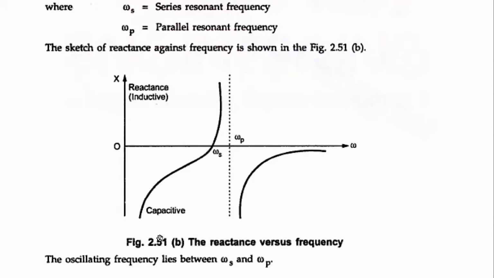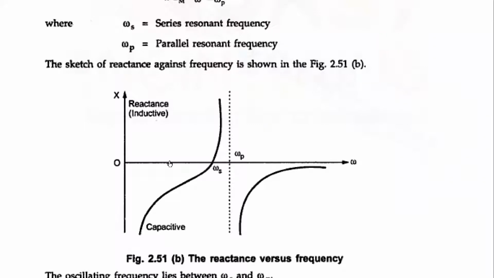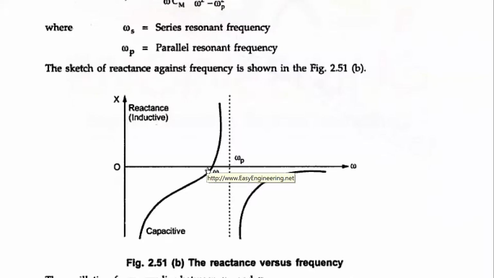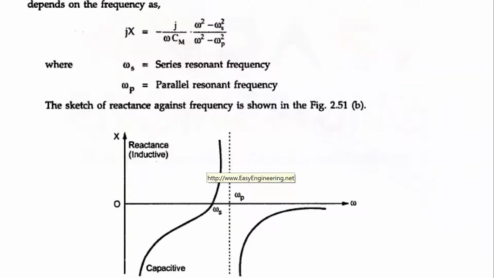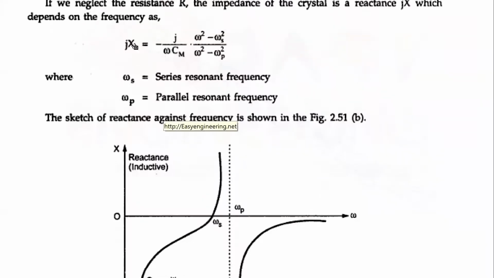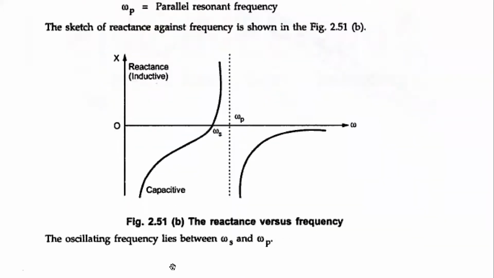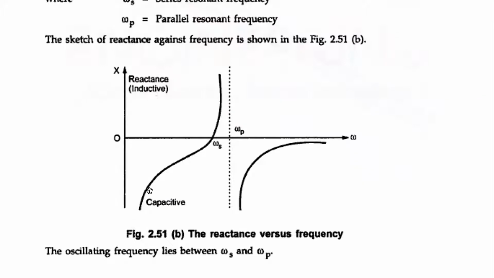An impedance consists of a real part, which is the resistance, and an imaginary part, which is the reactance. So the reactance, which is x here, starts from minus infinity, and the graph starts from minus infinity.